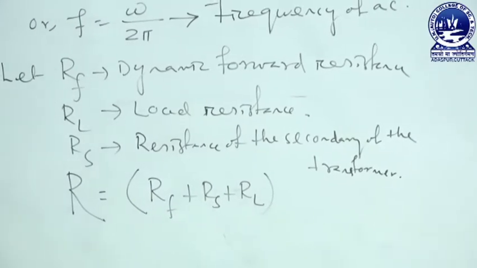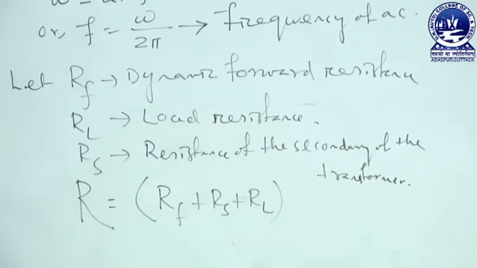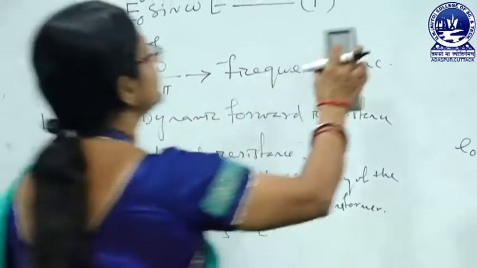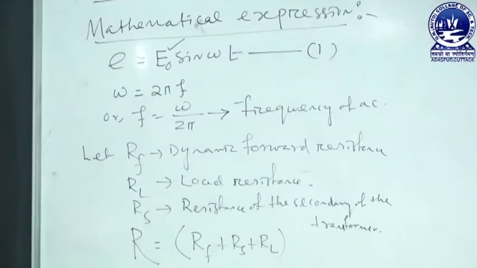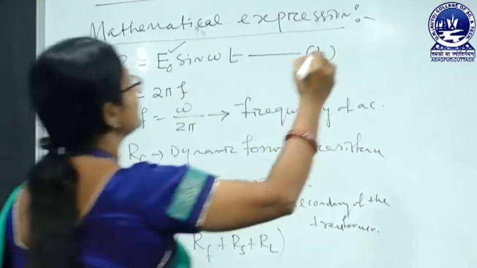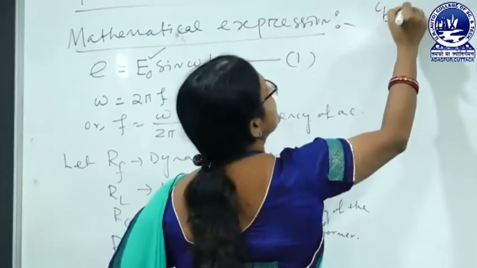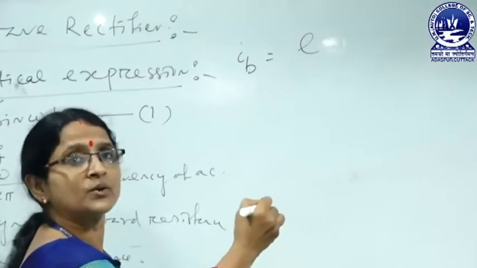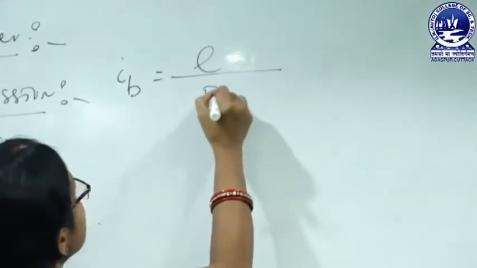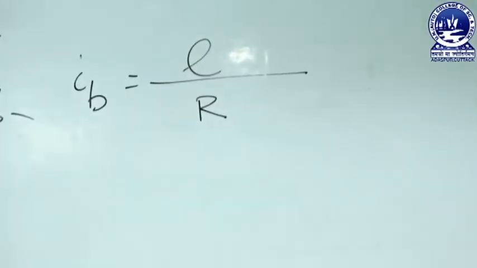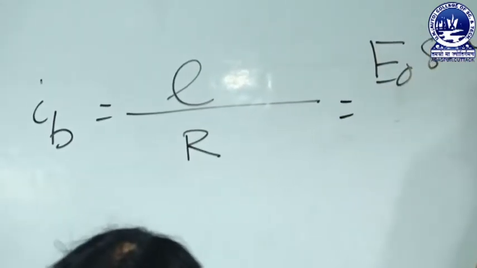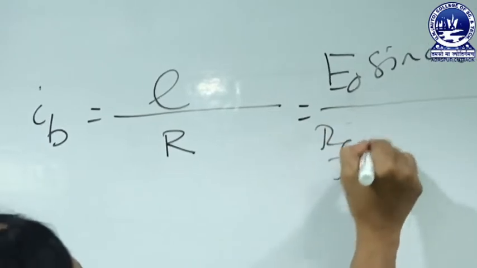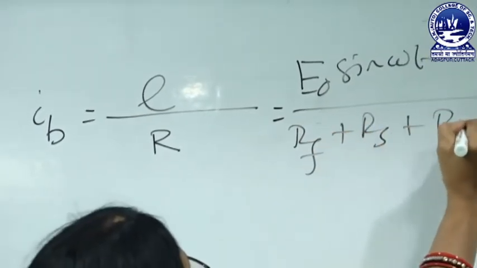Now what is the value of the instantaneous current here? The instantaneous current IB equals the voltage E divided by the total resistance R. Now we put all those values here. So that equals E naught sin omega t divided by Rf plus Rs plus RL.